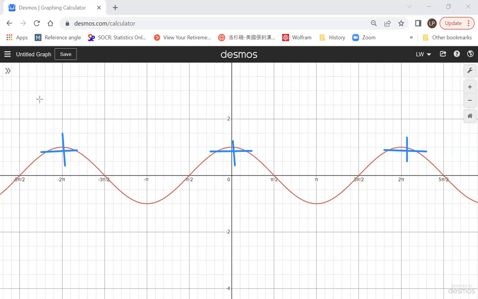Okay, we have a unit circle that we can use. So I'm going to find my unit circle. Where is my unit circle? Please show up.